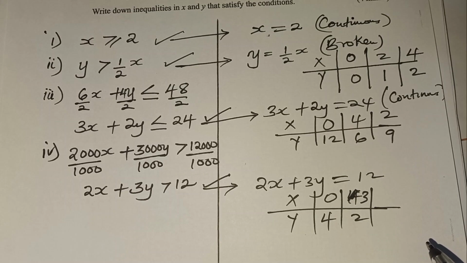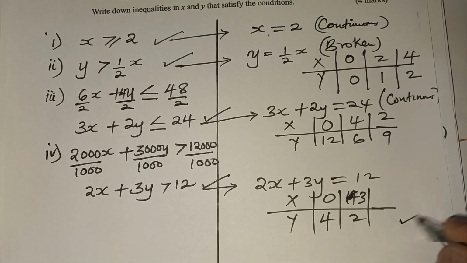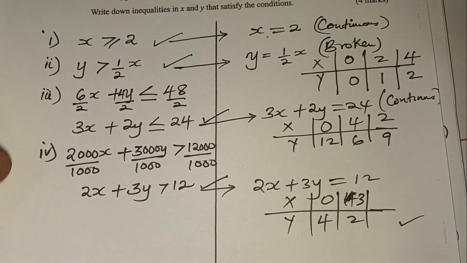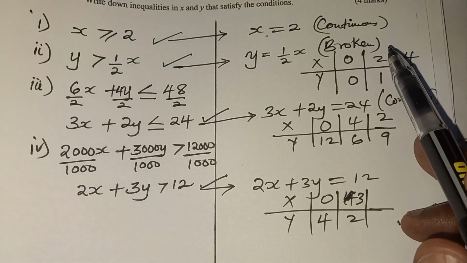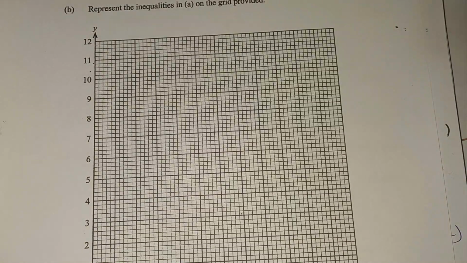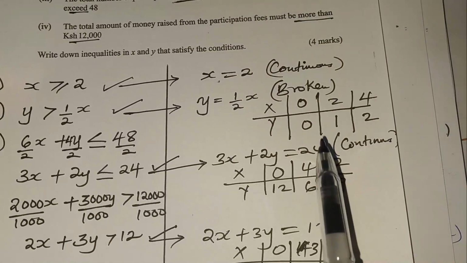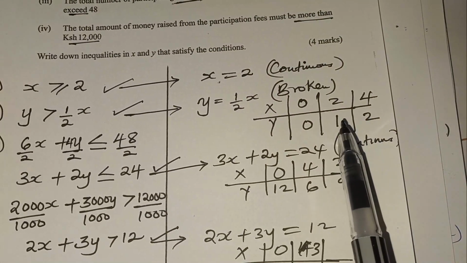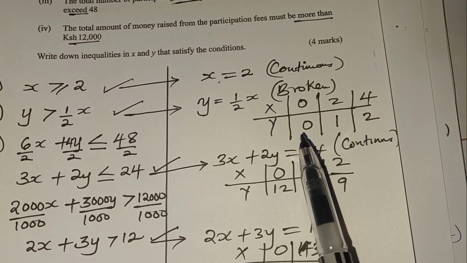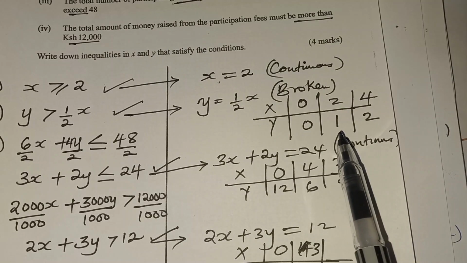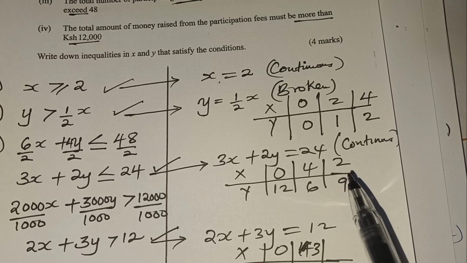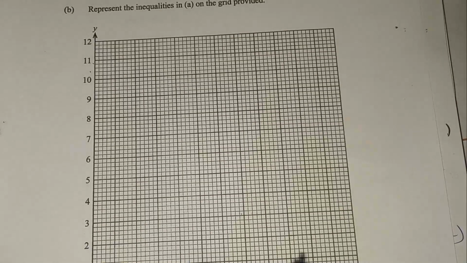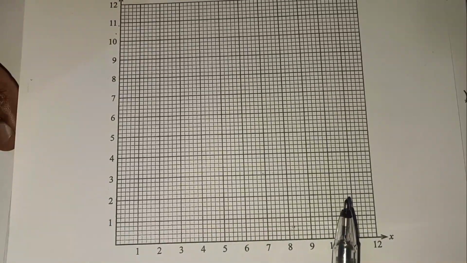Those ones will help us to draw. So you have these tables that you're going to use. So I'm going to use this one to plot. Looking at these values, I don't see very big values, so I can use a scale, 1 centimeter represents 1. That will work for both axes very well.